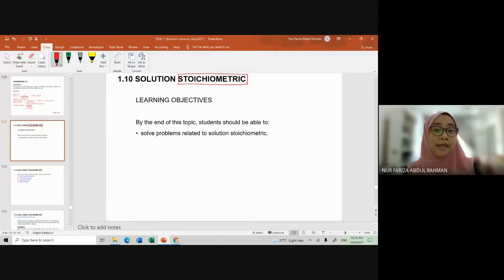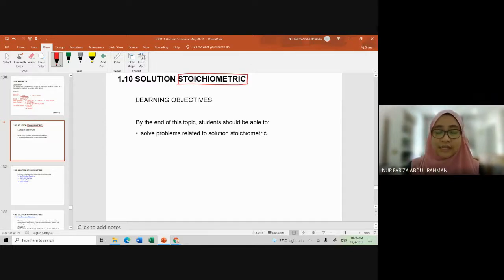It's just that this time, for this subtopic, what we want to highlight is that the reaction involves solution. That's all. The reaction involves solution.